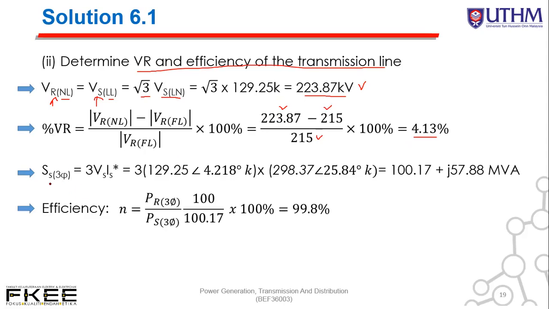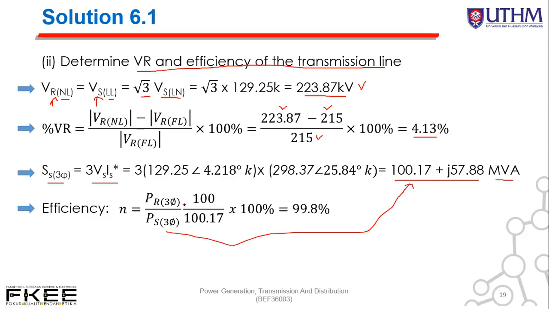Now look at the power. The sending power, three phase, equals 3 times sending voltage times sending current. Replacing all the values, we get 100.17 plus j 57.8 mega volt ampere. So from this value, the sending three phase power is 100.17 mega.